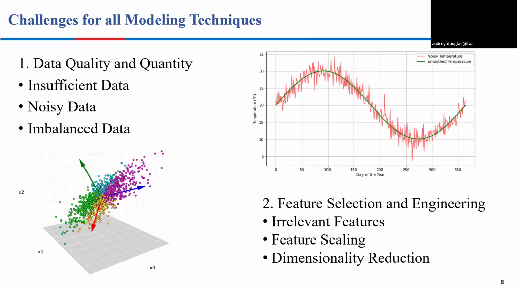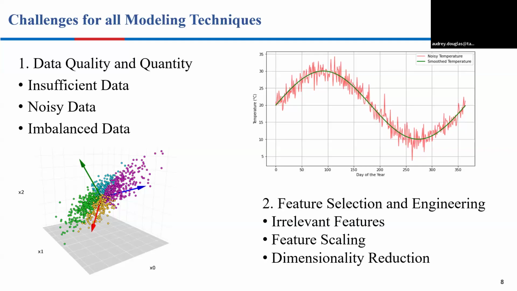Many models require large data sets to perform well, right? So limited data can lead to overfitting and poor generalization. Inaccurate, incomplete, or inconsistent data can affect model performance, right? Be careful when you are using your model with different types of data sets, I mean.